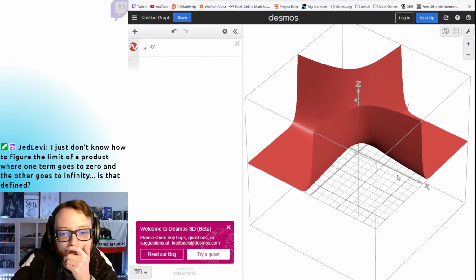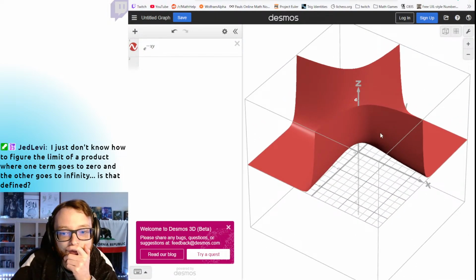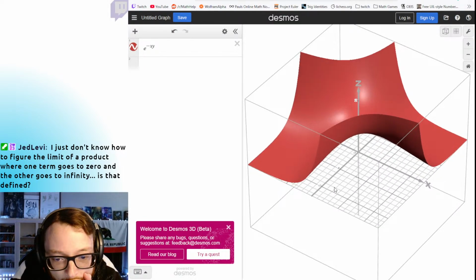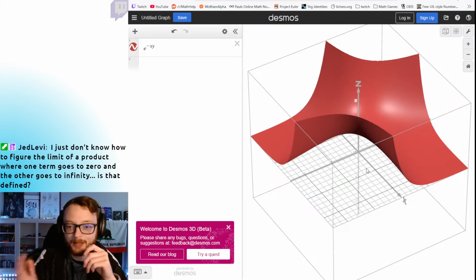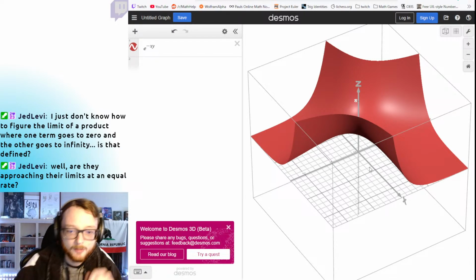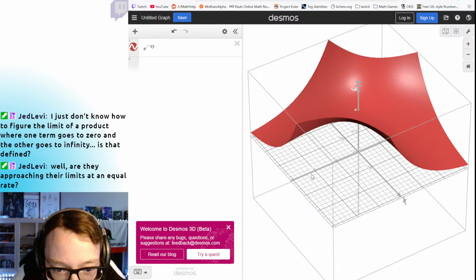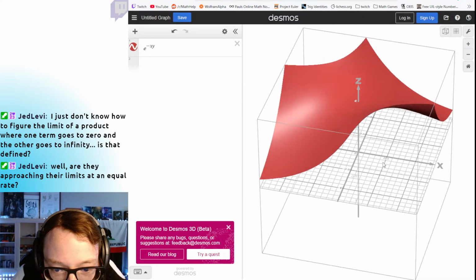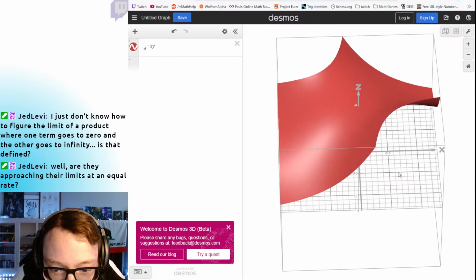So x-axis is there. Y-axis should be there. Is that a right-handed coordinate system? It should be that. That looks like there's a negative. I can't read. There's not enough contrast.